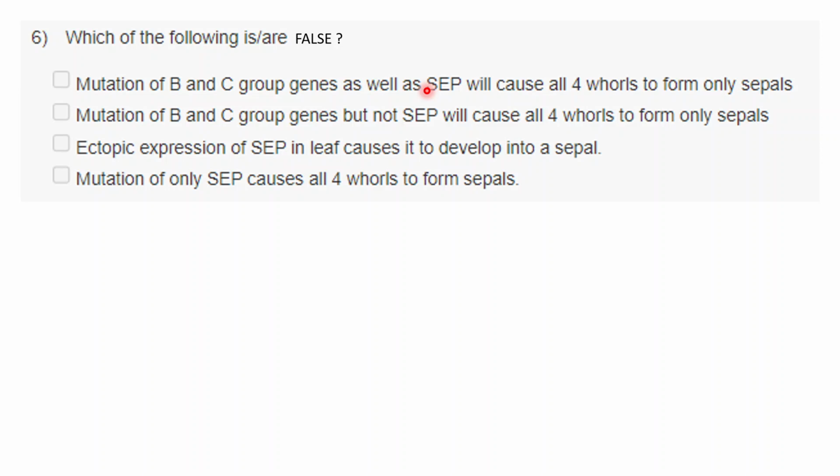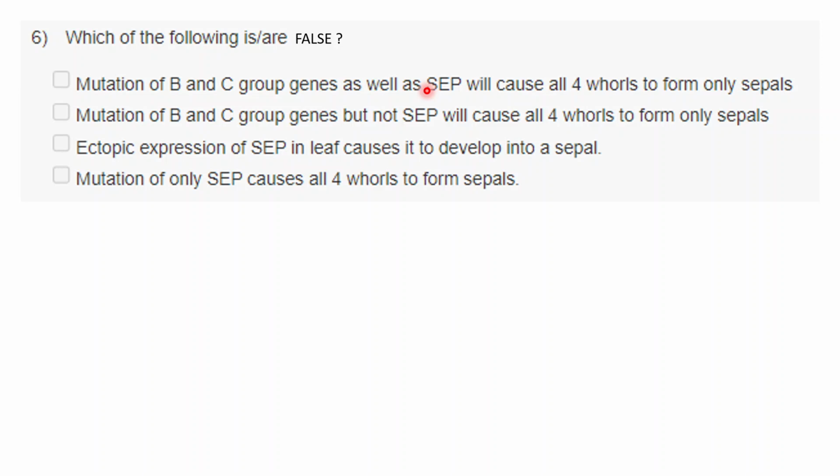Second and fourth, says Ajay. Okay. Mutation of B and C group genes but not sep will cause all four whorls to form only sepals. Do you think this will be a false statement?